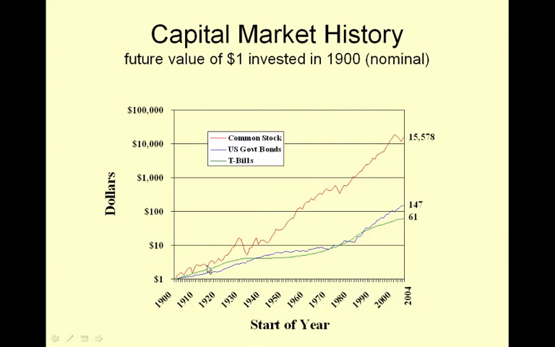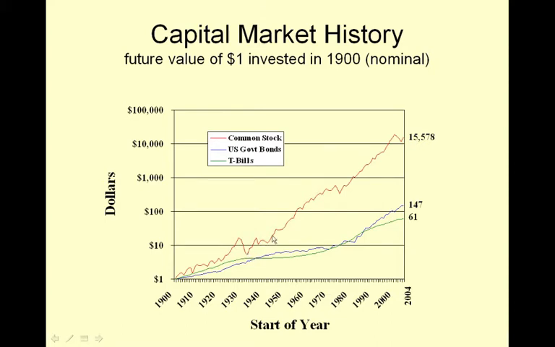In contrast, look at the red line representing the returns for common stocks. As you can see, the value of a stock investment, while generally going up, oftentimes takes a dip. This dip here was actually the stock market crash that began in 1929 and lasted through the 30s.